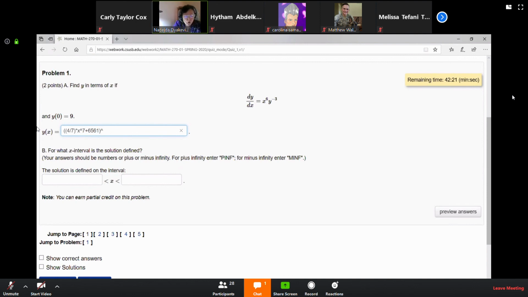A quarter you can type as 0.25 or you can type it as open parentheses 1 divided by 4. And I believe that's our answer, I'm just checking, making sure.